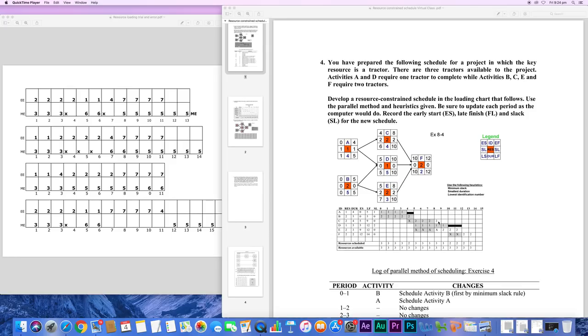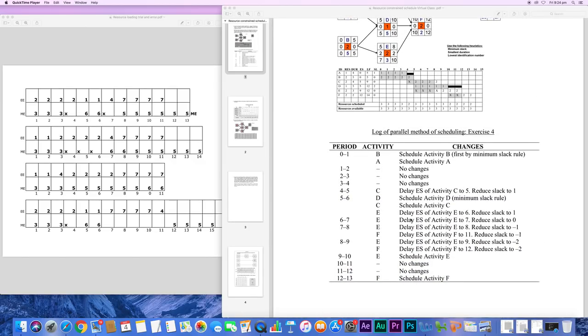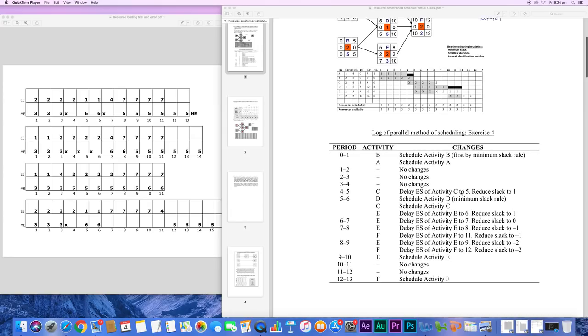We keep moving it if we don't have available places, but at period 5 to 6, it's all okay. So we put 1 cross here, which means we moved activity C. Instead of starting at period 4, we moved it by 1, so slack is not 2 anymore, it is 1. And that is given in this table: schedule activity C, but delay it to 5, reduce slack to 1.